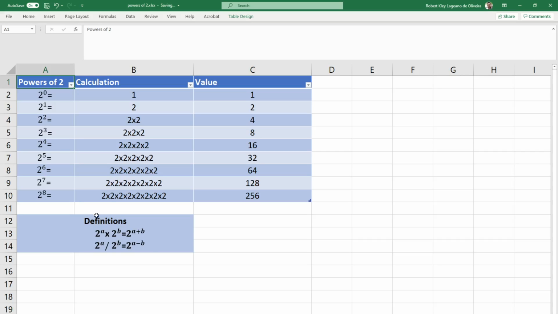So these are the definitions. So we can just basically use the first definition in order to calculate each one of the following numbers, because 2 to the power of 2 is just basically 2 to the power of 1 times 2 to the power of 1, and that's going to give us 4, and so on and so forth.